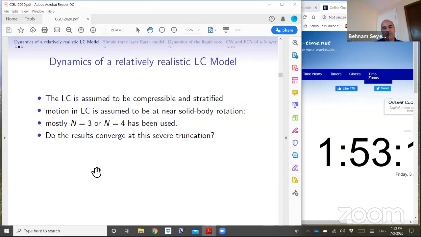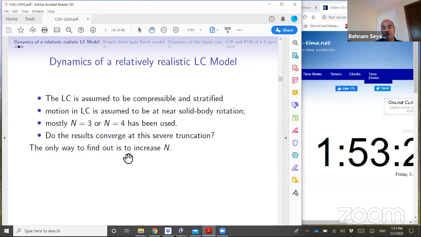So we want to know if the results using this severe truncation are converged. The only way to do that is to increase n, of course, to see if the results change. It's difficult to do with the realistic Earth model. As you saw, the equations are very complicated.